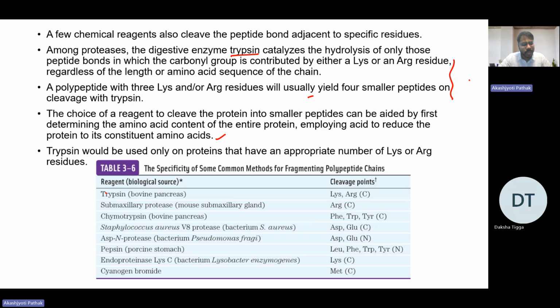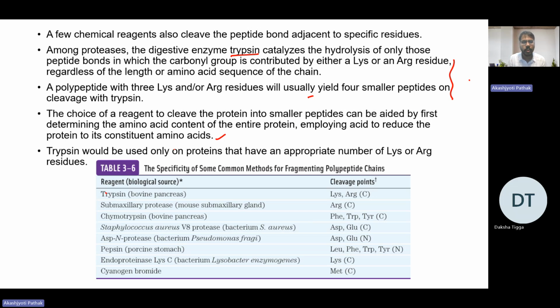In mass spectrometry experiments, you first reduce the protein by treating it with DTT. Then you treat it with different enzymes like trypsin, and you get different peptide fragments. Once you have got different peptide fragments, you can go for the further steps of mass spectrometry. We will understand how this mass spectrometry is done in a separate class, not today.